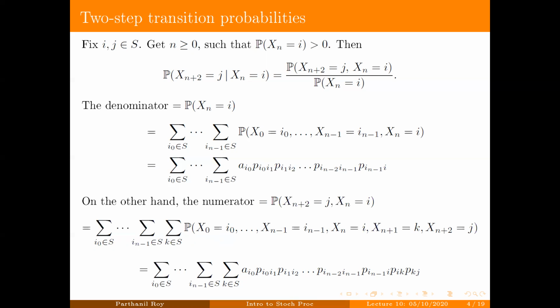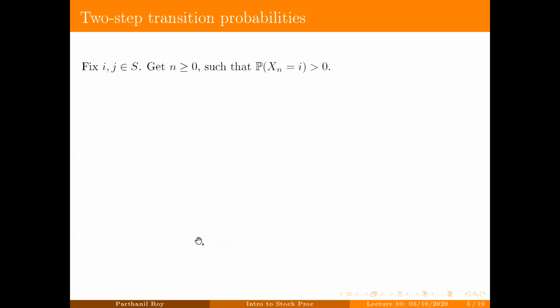So note that we have n many sums here, starting from i0 to i(n-1), and then we have an extra sum over k in the numerator. On the other hand, in the denominator, we have n many sums, which are exactly the same as the first n many sums here. Okay, so let's summarize whatever we said.